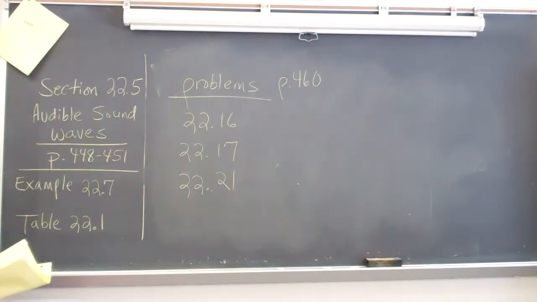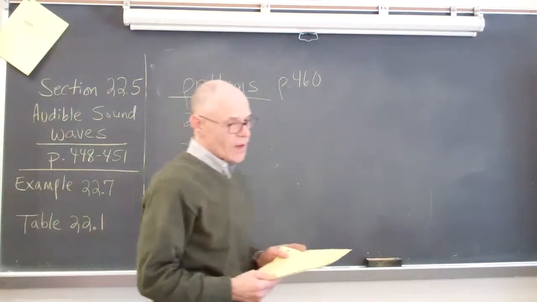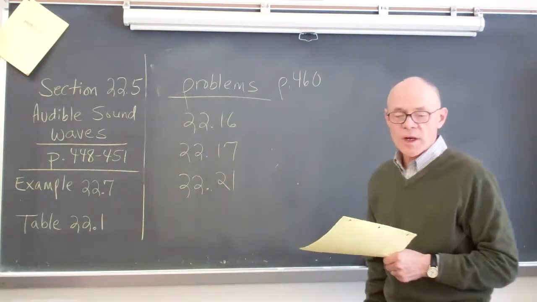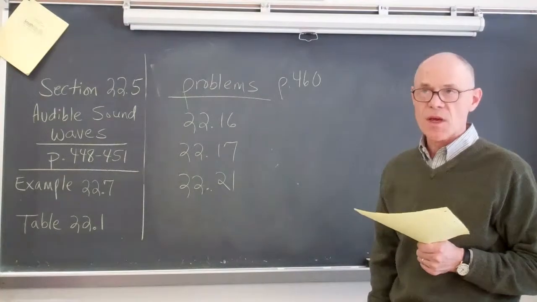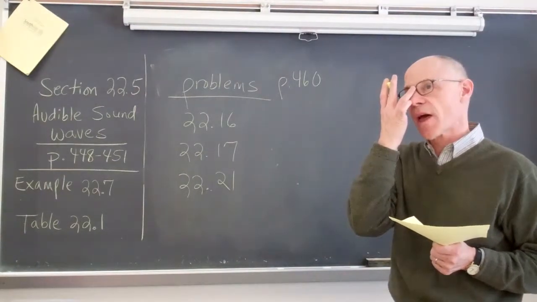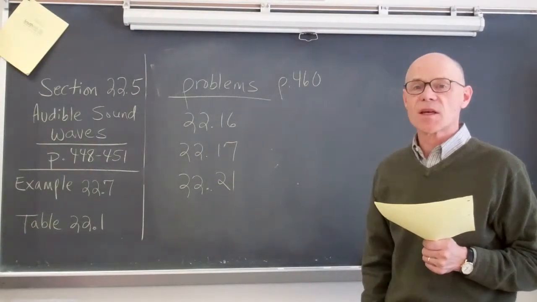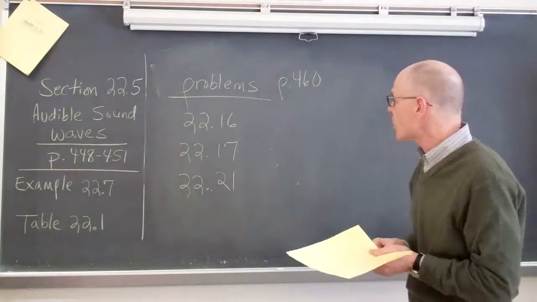Now there is another type of problem which is slightly more advanced. The more advanced kind of problem would be, what if you were given the intensity level in decibels and then you were asked to use that to calculate the intensity in watts per square meter?